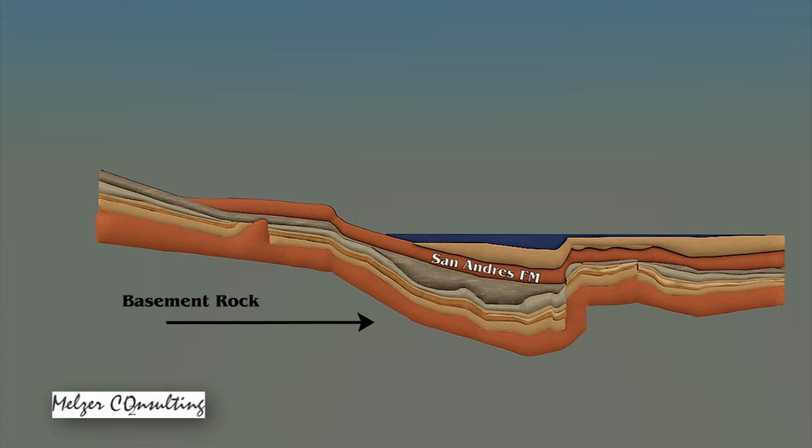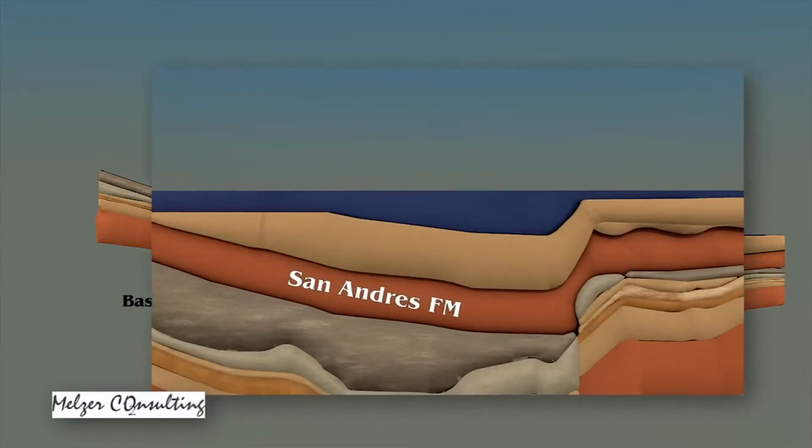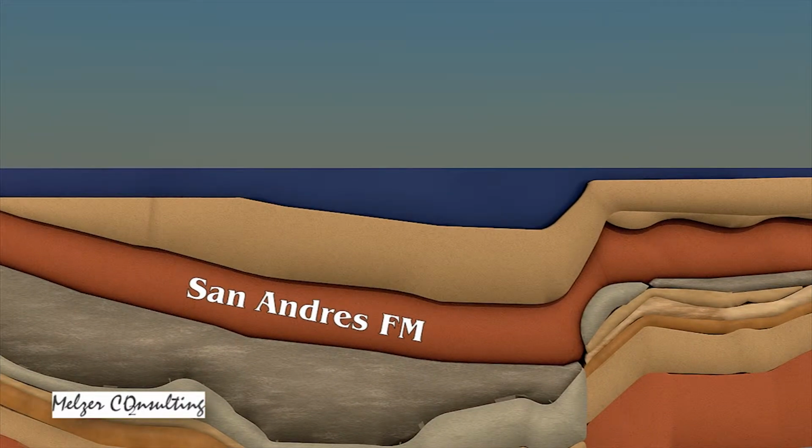And this is our animation idealized cross-section that we show of that was basically the basin and its early tectonic stage in early Permian time. And then we cut out a section of that because we're going to concentrate on that in the first part of this animation.